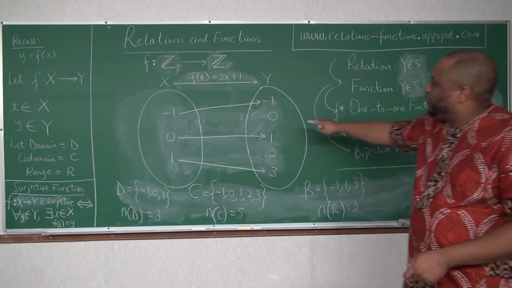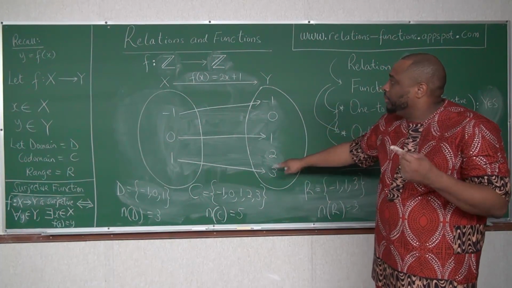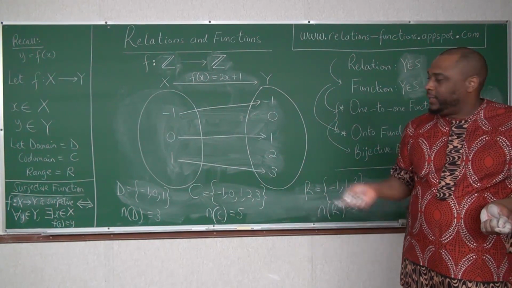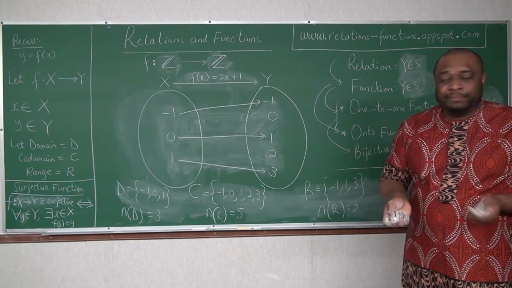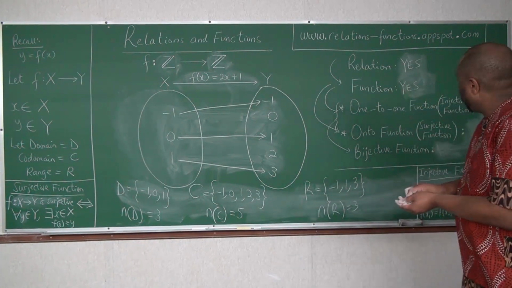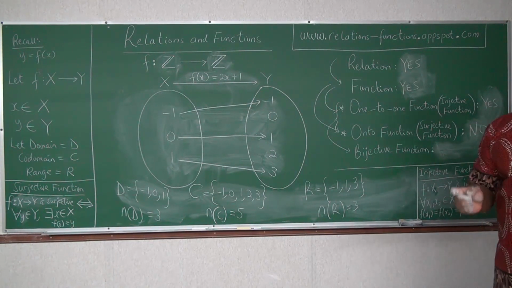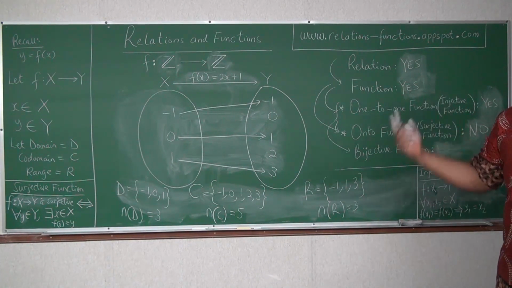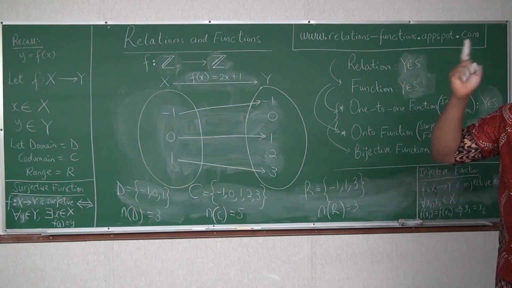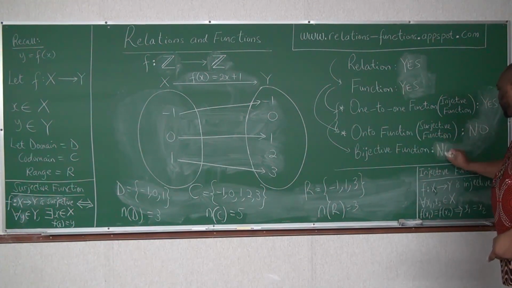Because as you can see, 0 is not an image of anybody. 2 is not an image of anybody. So because of this, this is not onto. It is 1-to-1, but it is not onto. Now, bijective means it has to be both 1-to-1 and onto. Because it is not onto, it is not bijective. No.